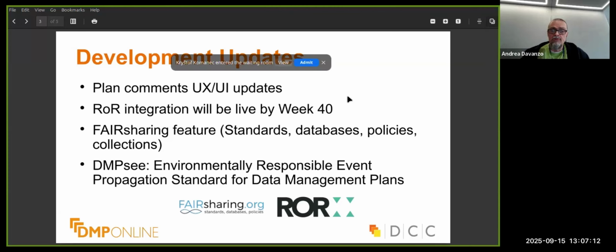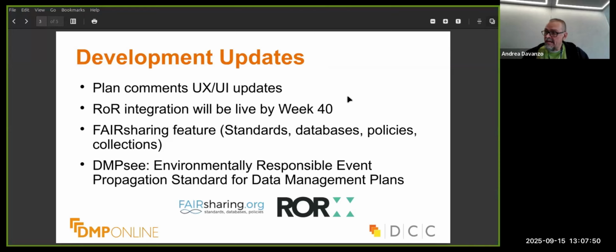And in terms of machine-actionable DMPs, I didn't put a slide here, but we are already working on the OpenAPI, which is an RDA standard, which we co-chair with other platforms inside the DMP group. But we are also releasing a new machine-actionable system, which is called EPC, which wants to be event propagation for data management plans.